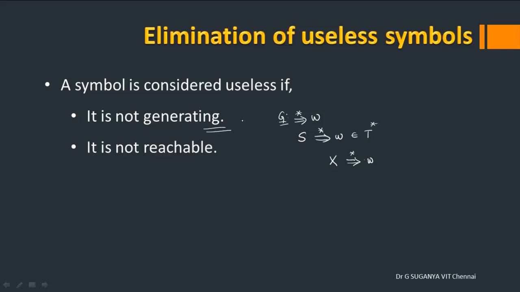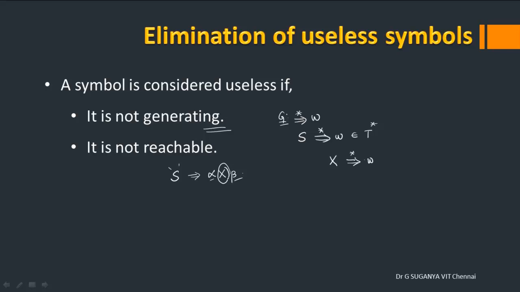Then the second concept is not reachable. By definition, S is reachable, which is the start state, and all the non-terminals should be reachable from the start state. So S should give some string alpha X beta. What is X? It is the symbol. When from your start symbol you are able to reach X, where alpha and beta are some combinations of terminals and non-terminals, X is said to be reachable.